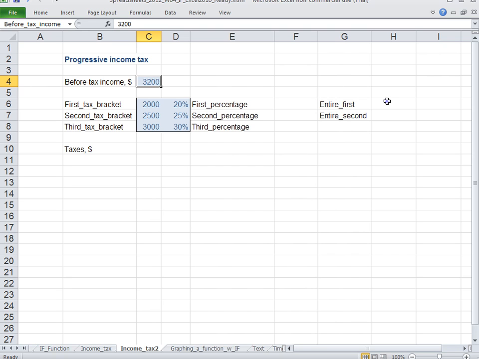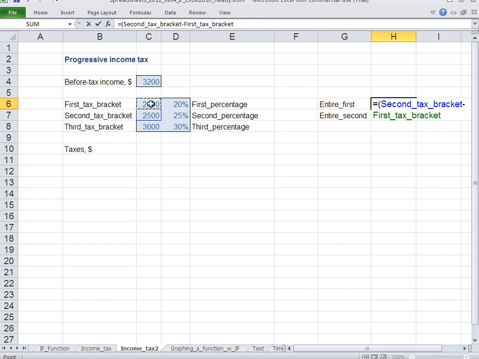So let's at first write out a few sums. Namely, we want to calculate the entire 20% from between 2,000 and 2,500. So let's write equals, we take parentheses, 2,500 minus 2,000, which is second tax bracket minus first tax bracket.